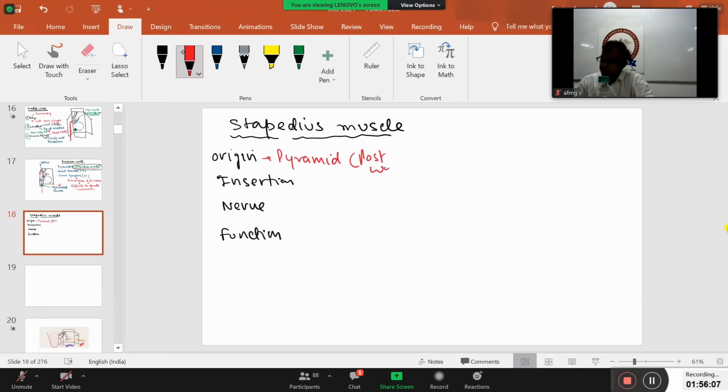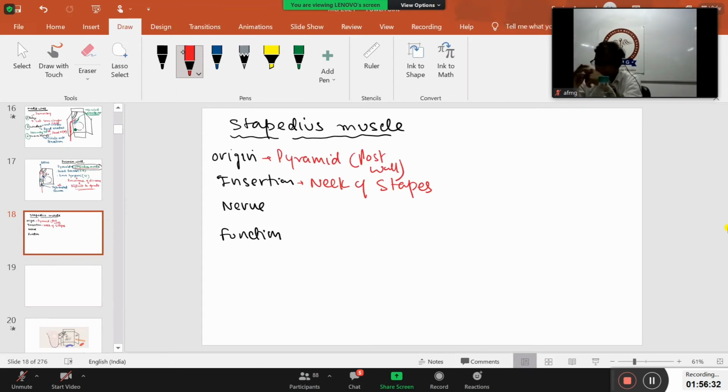Posterior wall. Remember this. Where is the insertion? Neck of the stapes, the third ossicle. See where it got its name from? Now you understand why the name is stapedius.